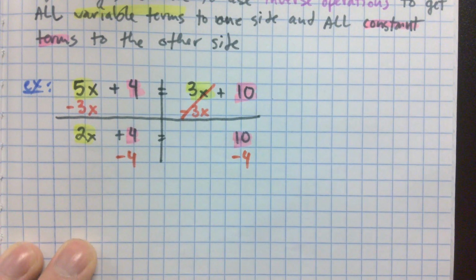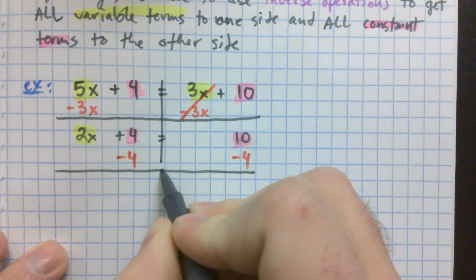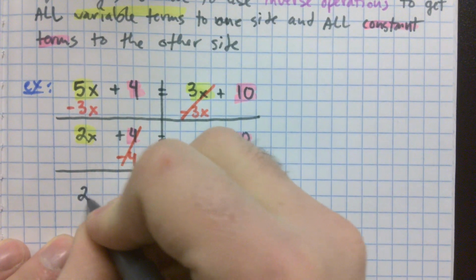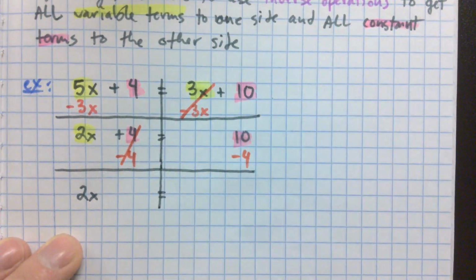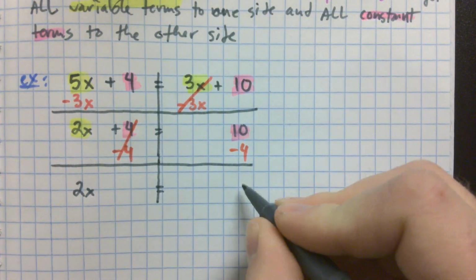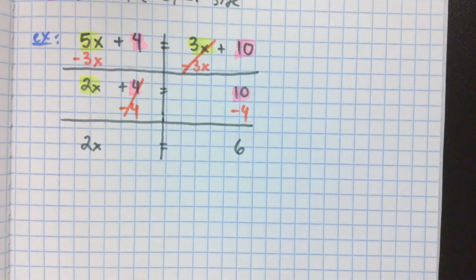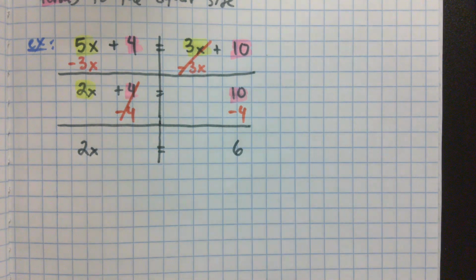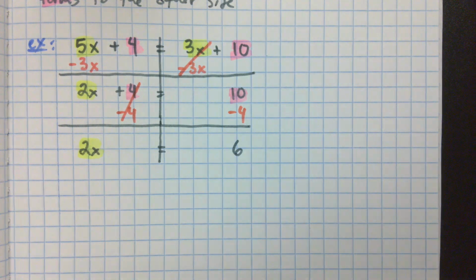We're going to write that directly under my 4 and my 10. Cross out the 4's. Leaves us with 2x equals, what's 10 minus 4? 6. All right, and I'm keeping everything in line here. I know there's some weird gaps and spaces in there, but if we keep everything in line, it's going to help us stay organized.